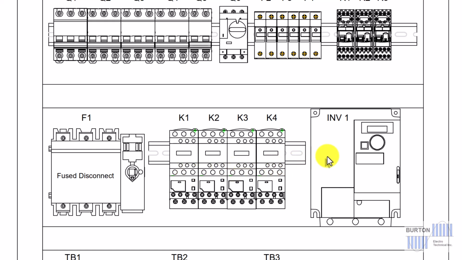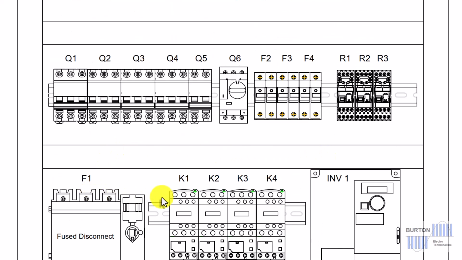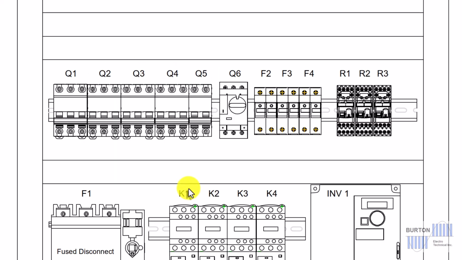Over on the right, we have an inverter, otherwise known as a variable frequency drive. Up above the DOL motor starters, we have some 3-pole circuit breakers, Q1, Q2, Q3, Q4, and they protect all of the circuit conductors for these DOL starters.